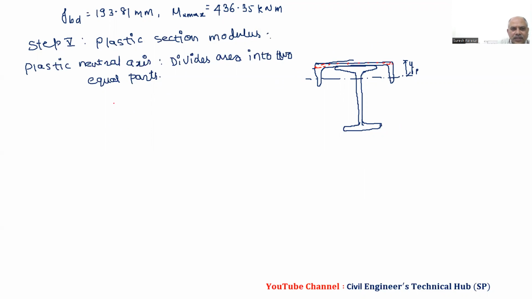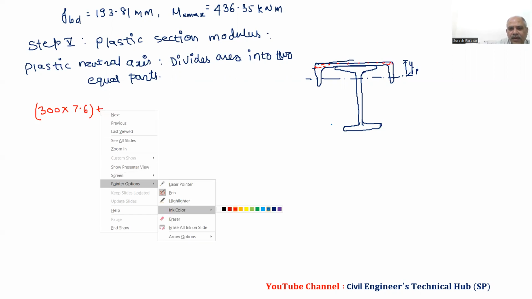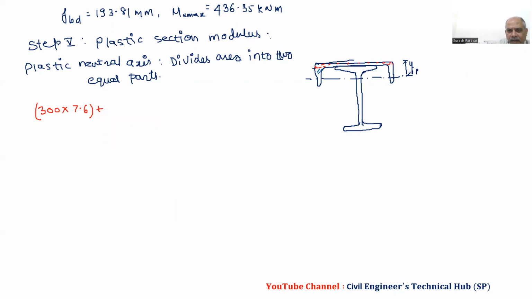We have channel ISMC 300, so we have this area, 300 into 7.6, plus the second area, that is this part, which is the flange of the channel. The thickness of the channel flange is 13.6 into YP minus the thickness of the web, 7.6.